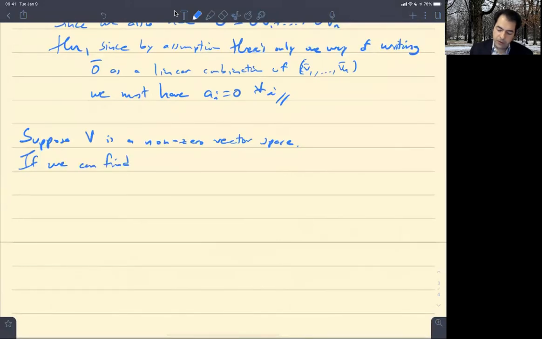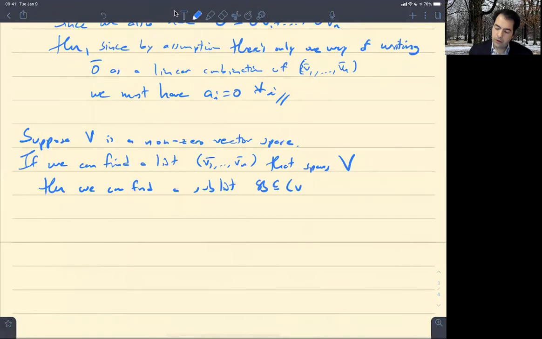If we can find a list v1 through vn that spans V, then we can find a sublist. A sublist, of course, just means a subset where the vectors are in the same order as they were in the bigger list.